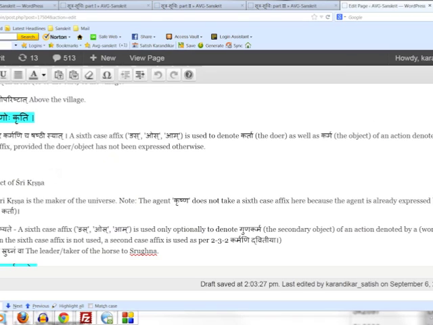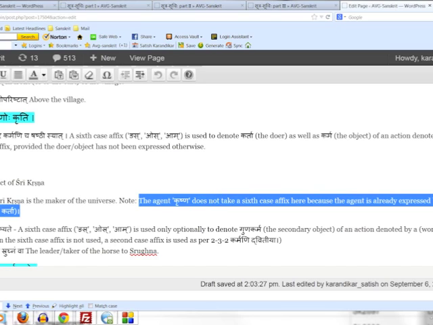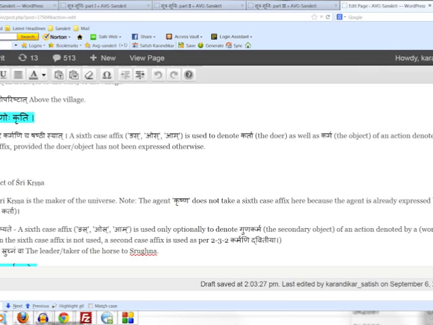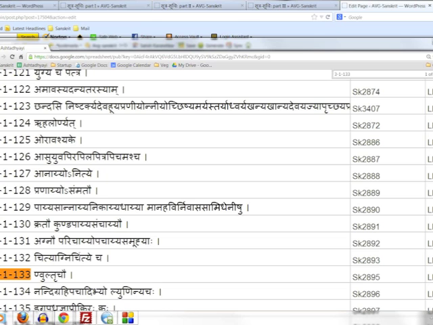Now why doesn't Krishna take the sixth case affix by this same sutram 2365? The reason is that the agent is already expressed by the krit affix trich. So karta is pullinge ekavachanam derived from the pratipadikam kartru, where the affix trich, prescribed by 31133 nval trichau, is used in the sense of the agent.